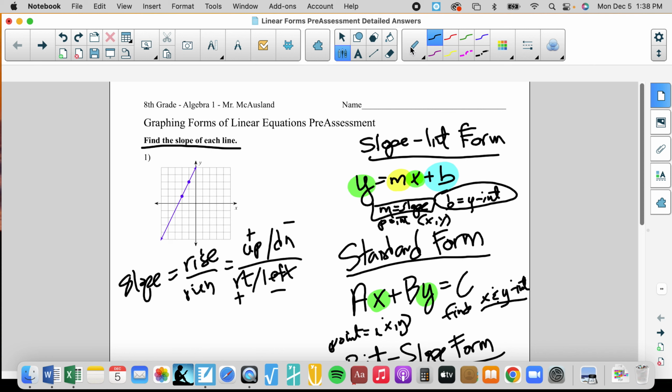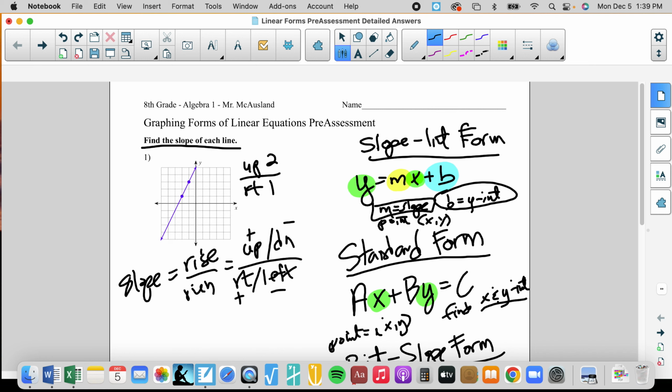So from this point to this point, how do you go up and down and then right and left? If we go up and down from this point to get to this point, we go up 2. So my slope is up 2, and then we go to the right 1.